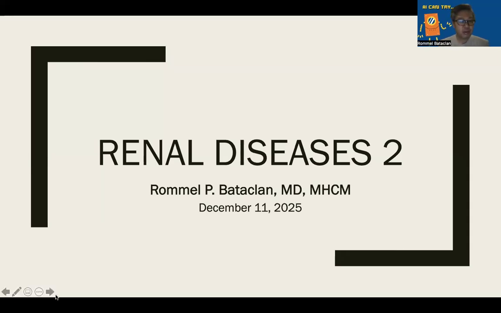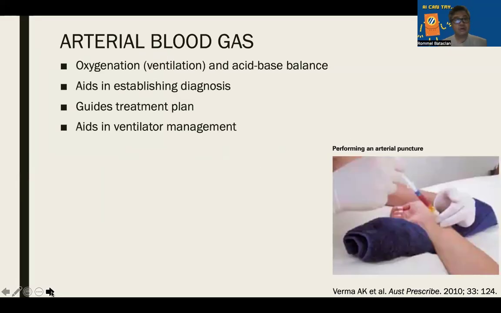So let's start. Another important diagnostic test that we usually request as a nephrologist would be an arterial blood gas. It aids in establishing certain diagnoses because there are certain diseases that would manifest with certain primary acid-base abnormality, or sometimes there could be problems in the oxygenation of that individual.